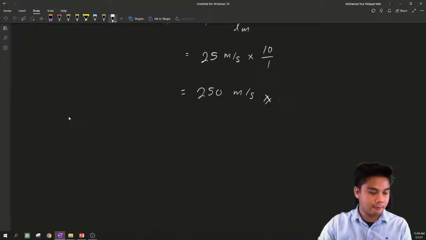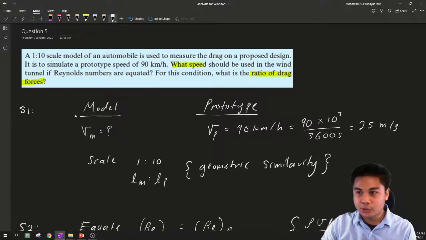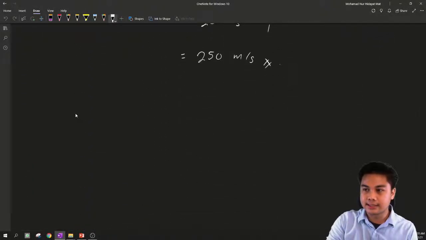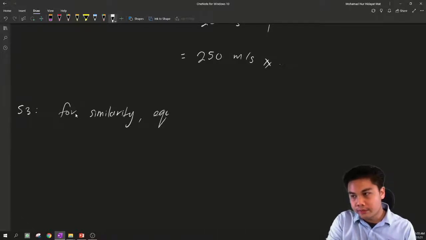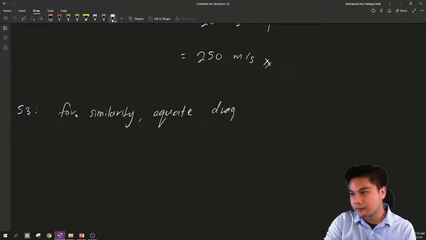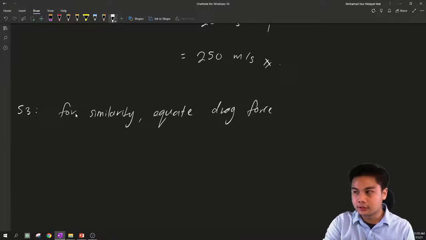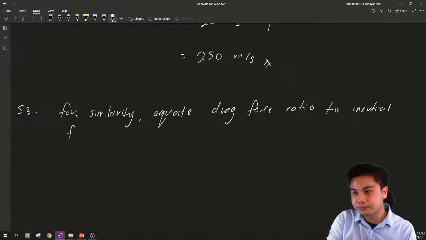For similarity to exist, under step number 3, we equate the drag force ratio to the inertial force ratio.